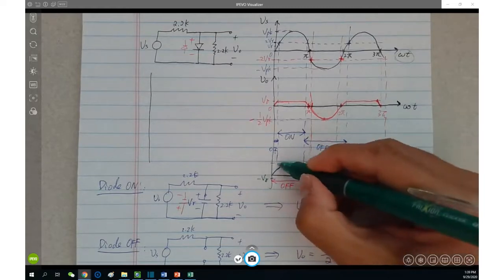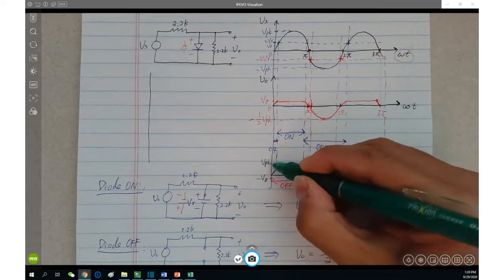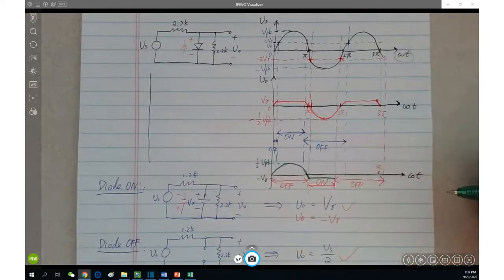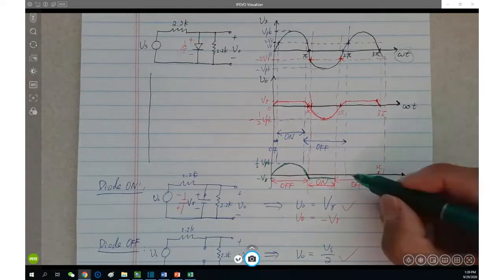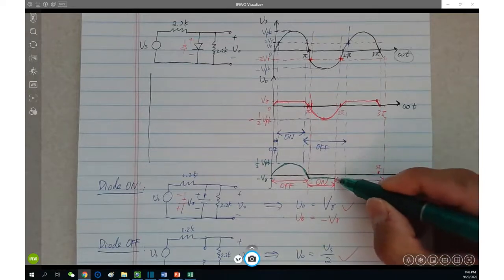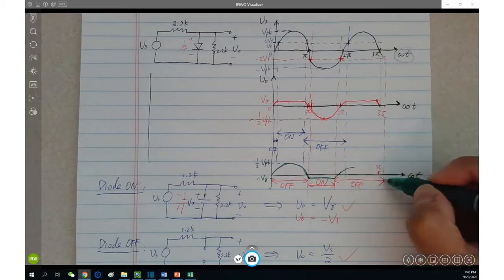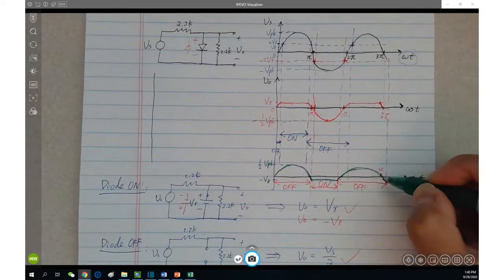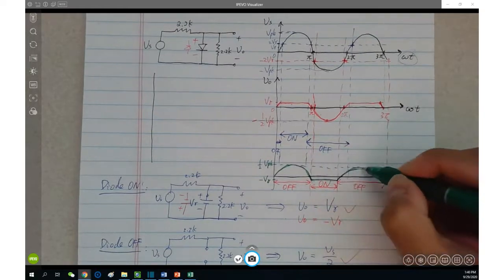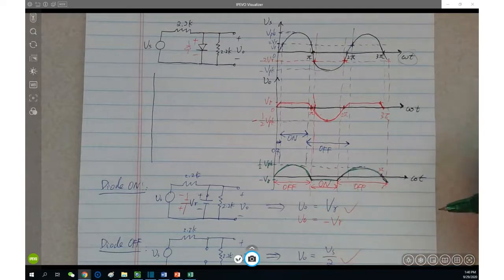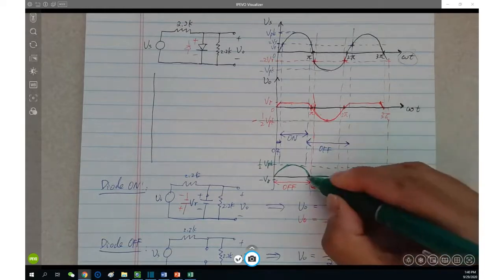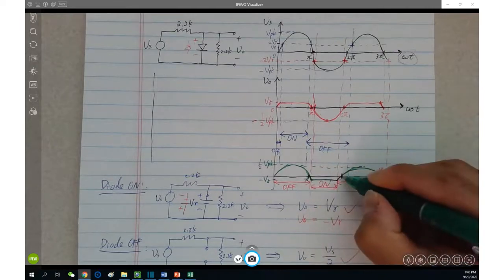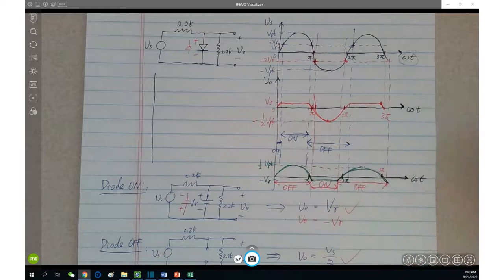Label the peak value, half peak. Now the green follows half VS, therefore it has 0 crossing with 3 pi. Perfect sense. The first 0 crossing is pi, the second is 2 pi, the third is 3 pi.